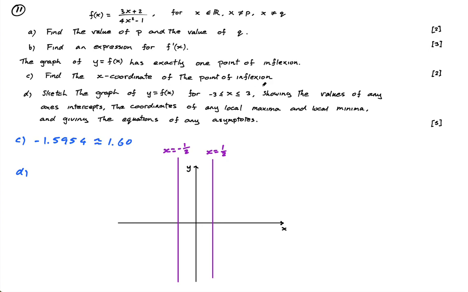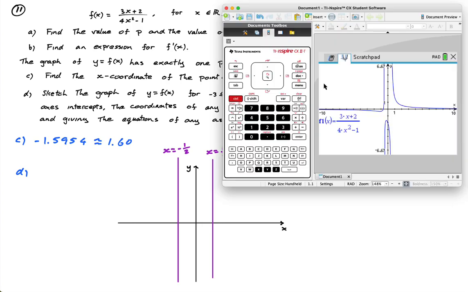Okay, so he wants the equations of the asymptotes. He wants local maxima and minima and the axis intercepts. So let's go in here and look what's happening. So guys, there's an axis intercept here. There's none over here. And there's one here. And by the way, guys, he wants to go from -3 to 3.